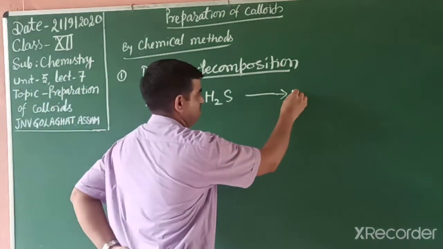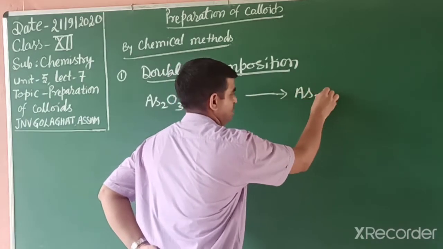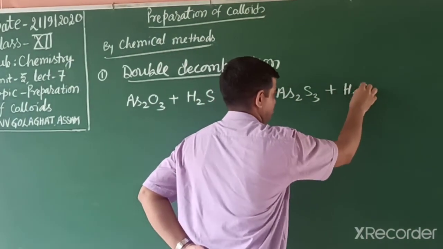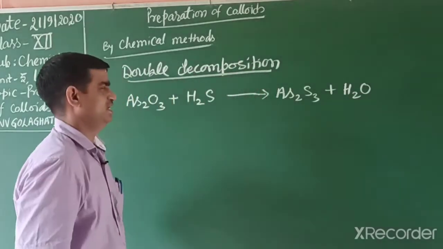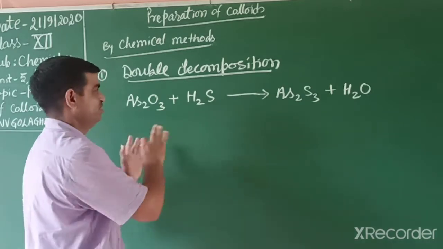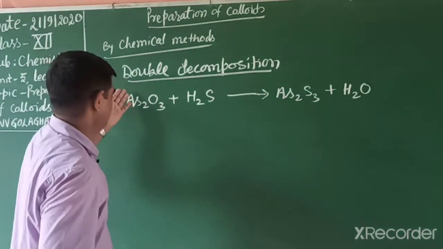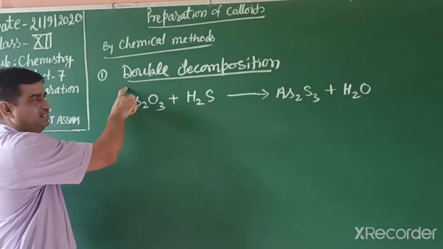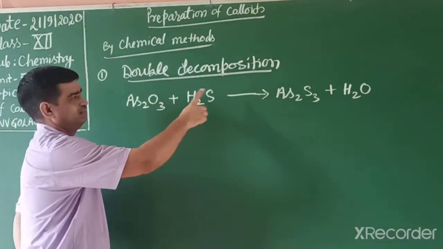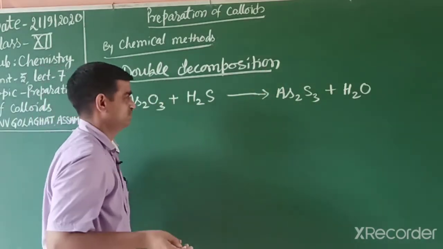So we write arsenious sulfide and hydrogen oxide. Students, how can we balance? This is a normal reaction, not a redox, only an exchange of ions. Why? Because arsenic is +3 on both sides, and oxygen and sulfur also keep the same oxidation state.